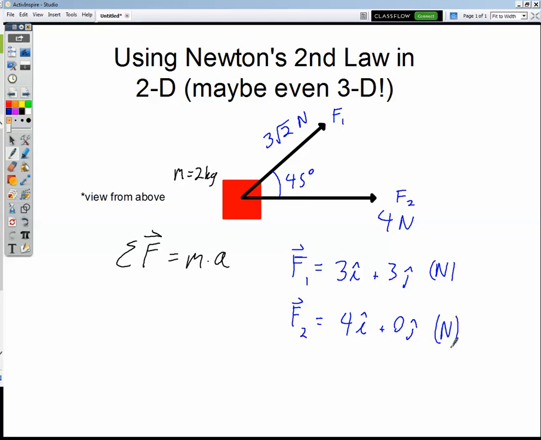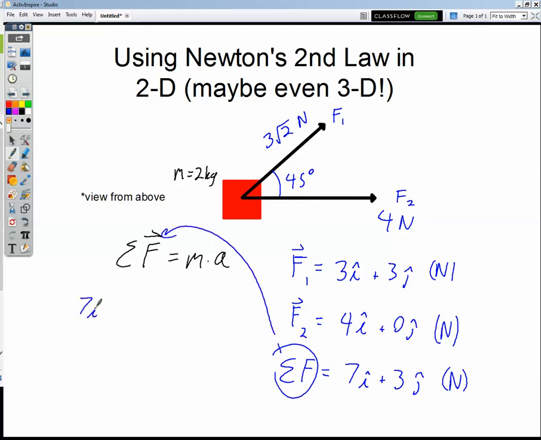So then the vector sum of these two forces is going to be the sum of their components. So we have 3 plus 4, 7 i hat, and we have 3 plus 0, 3 j hat. That is the vector sum of those. So now plugging that into Newton's second law, we know what the force is. It's 7 i hat plus 3 j hat, and that's equal to the object's mass, which I told you was 2, times the object's acceleration.